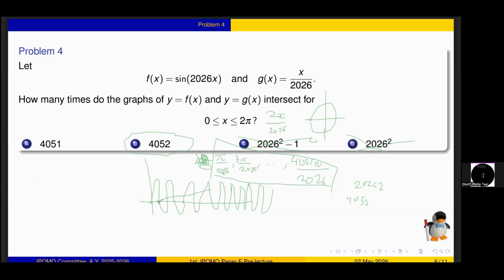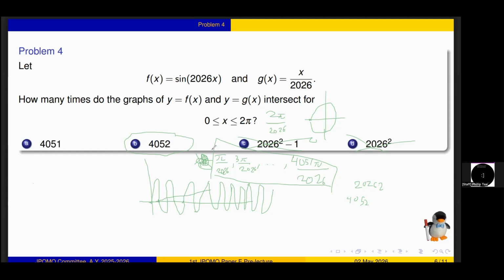Basically, in this example, there are always 2 intersection points before an indicator point. So since we know there are at least 2026 indicator points, there are at least 4,052 intersection points.